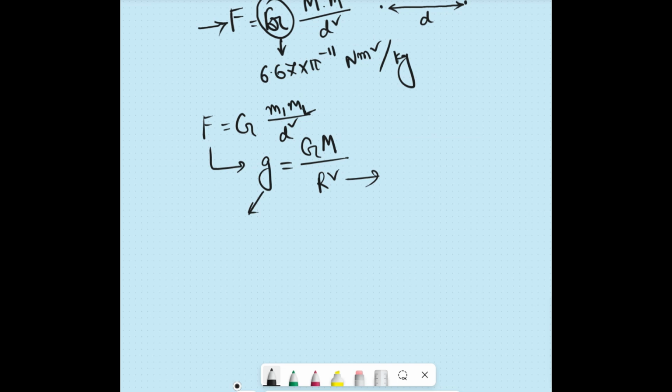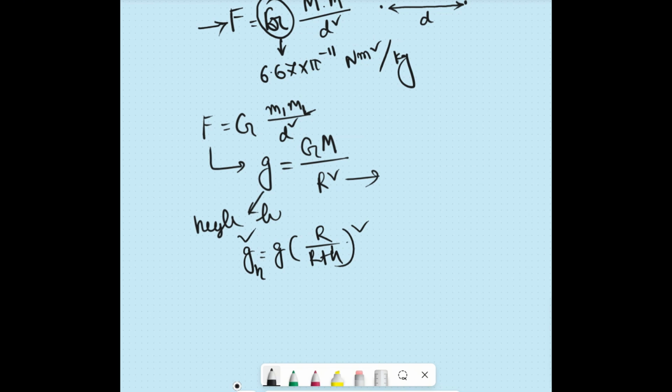So if the height is h, we can write g of h equals g times r over r plus h, whole squared, where h is the height. Here, somewhere at height h, is the acceleration due to gravity, and this g is the acceleration due to gravity at the earth.